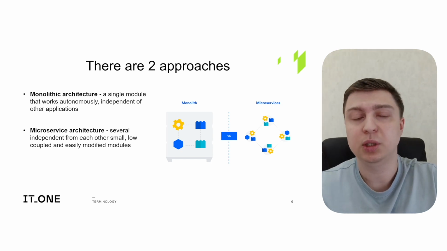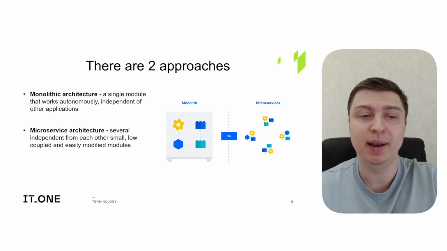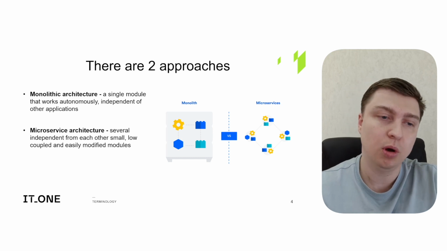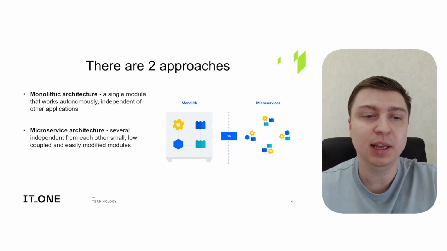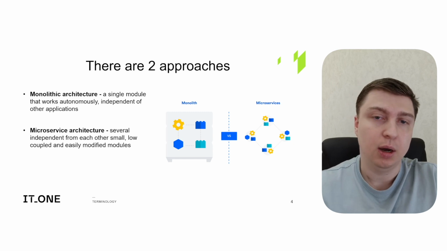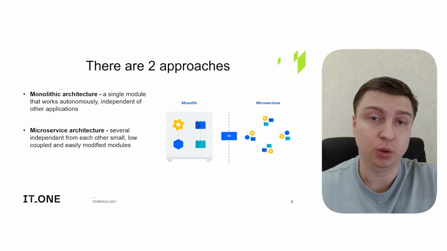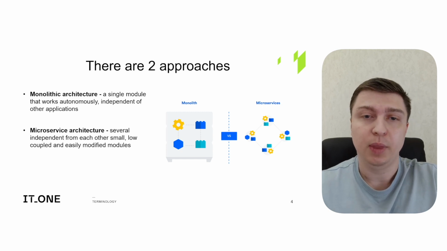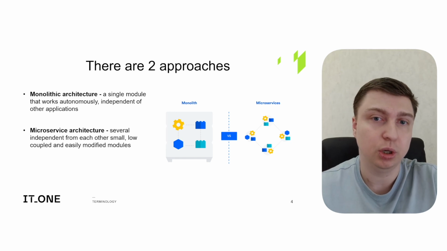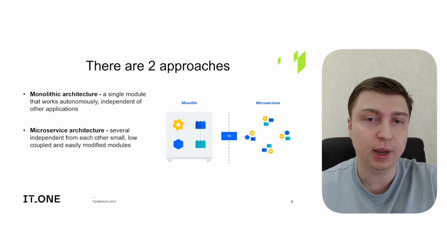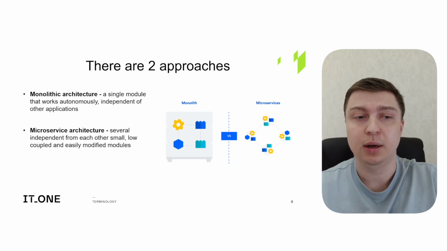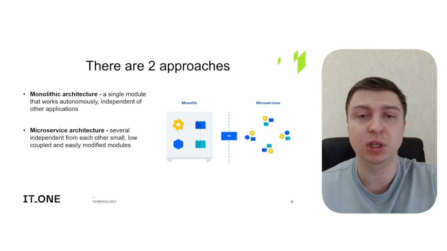Microservices architecture is when you have several independent, small, loosely coupled and easily modified modules. Just imagine the same to-do list and web page with it. You have not only the to-do list on this page but also a footer and header. The footer, header and to-do list are 3 applications independent from each other.